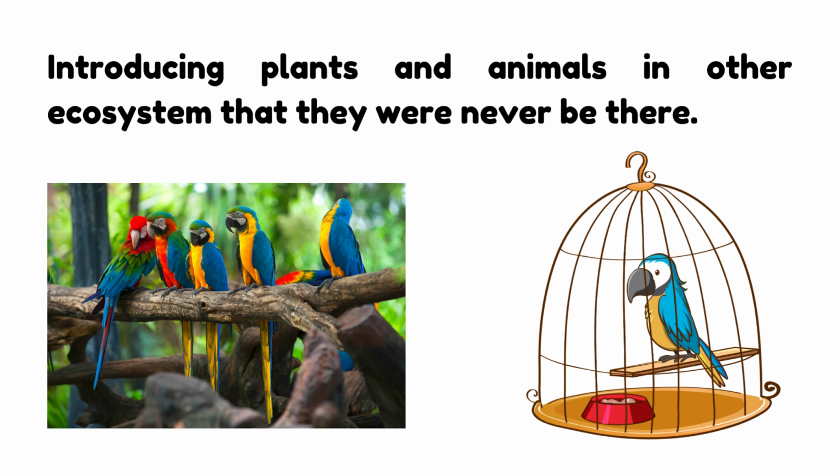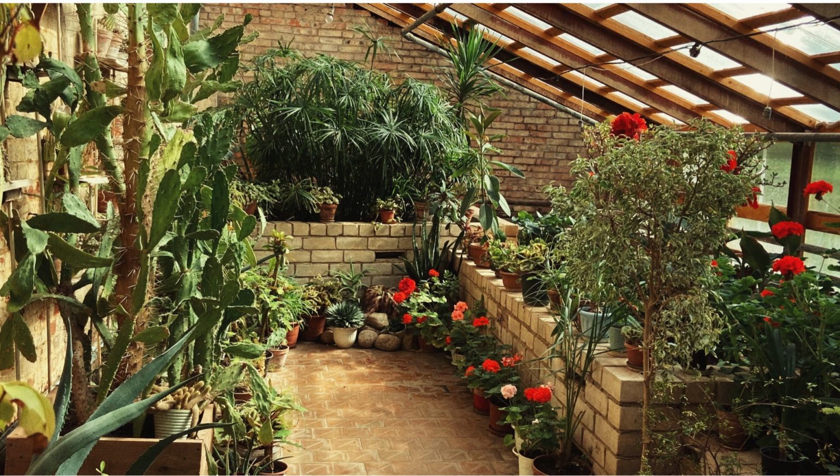Taking some animals or plants from their environment and ecosystem and putting them in another environment different from the ecosystem that they adapted to live in. So the environment will be affected by taking these plants or animals from them to another place, and the animals and plants will also be affected by this change.